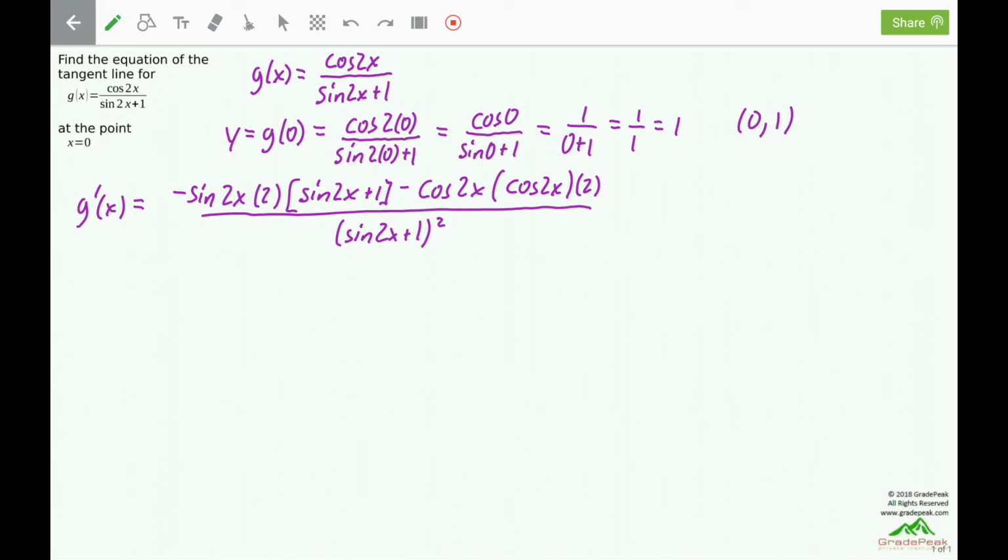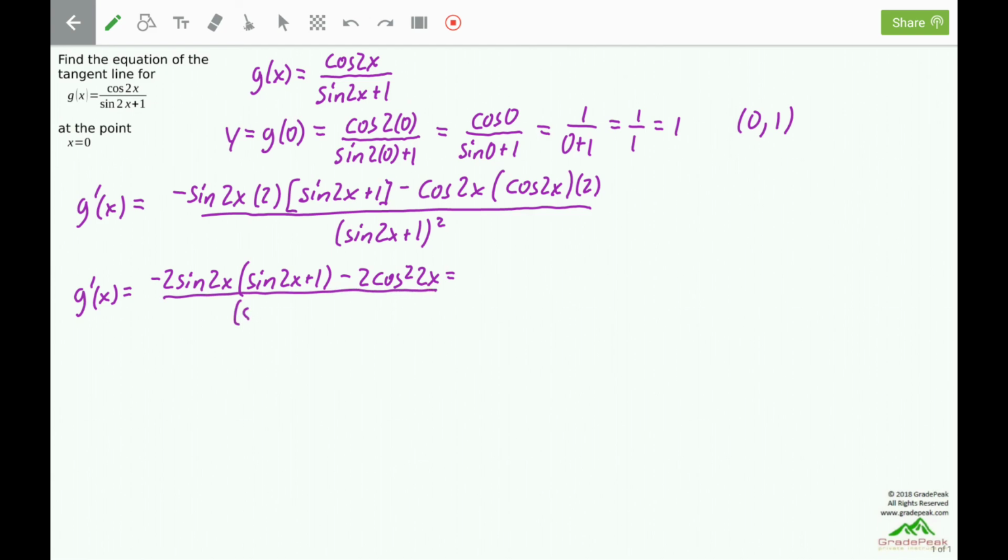We'll want to simplify this a little bit before we evaluate it. So g prime of x equals... what I'm going to do here is put the constant first, so I have a negative 2 sine 2x times sine 2x plus 1. And then I have a negative, and I'll put the constant first here as well. I'll move that 2 to the front, and I have cosine times cosine. We can call that cosine squared 2x. I can distribute the negative 2 sine 2x into all of this, and I'll want to do that in my next step.